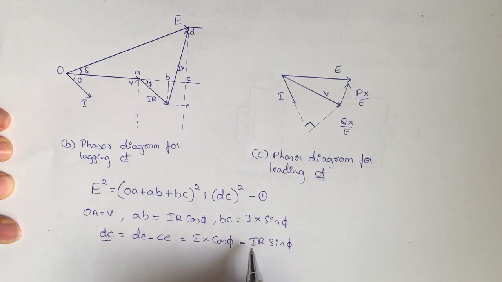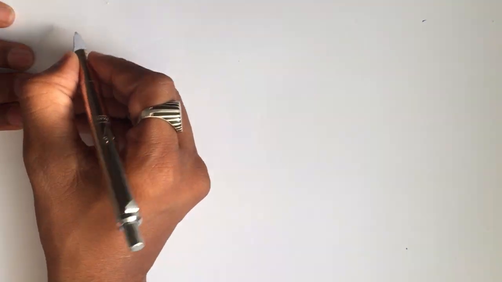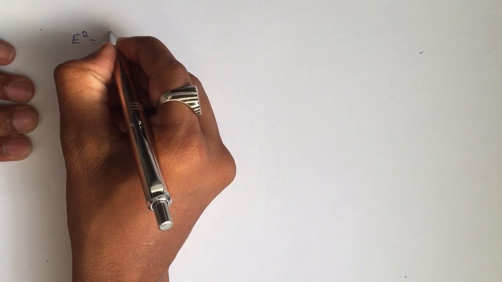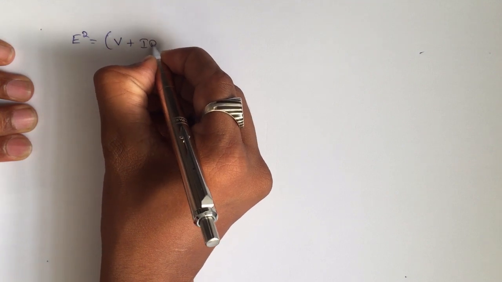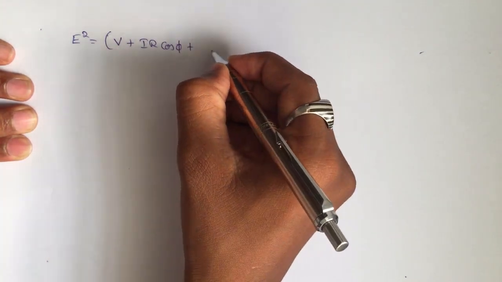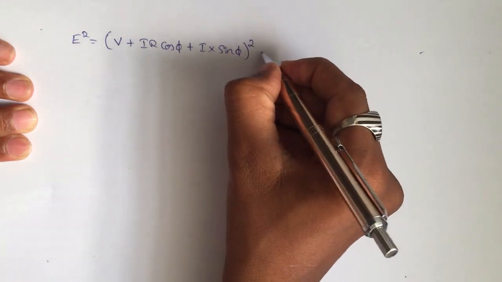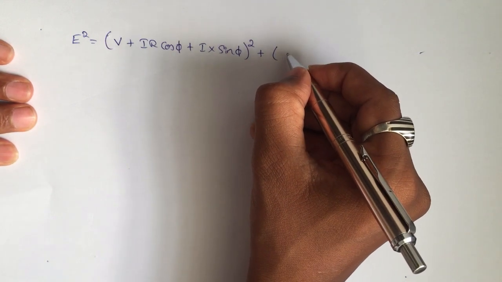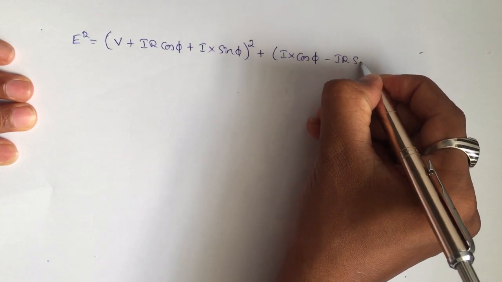Now we are going to substitute these values in our equation 1. After substituting, we have E square is equal to, within the bracket, OA which is V plus AB which is IR cos phi plus BC which is IX sin phi, whole square, plus DC square, which is DE minus CE, that is IX cos phi minus IR sin phi.